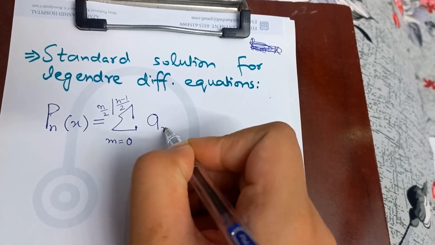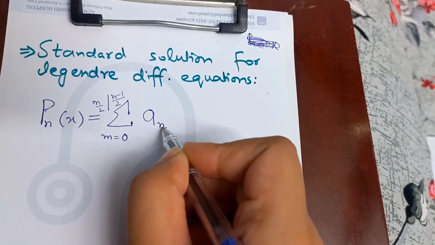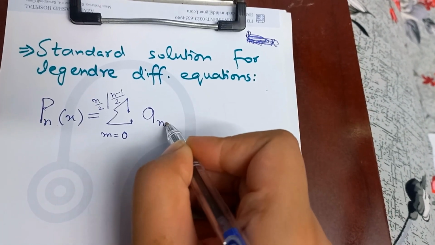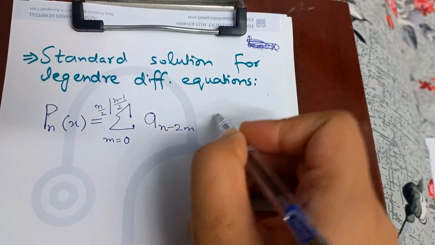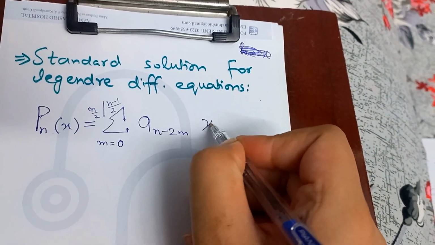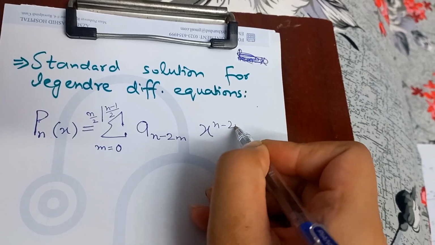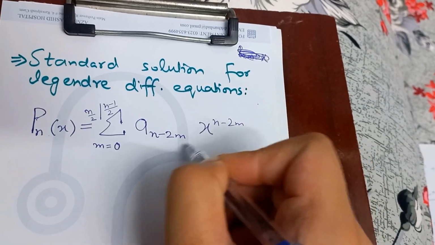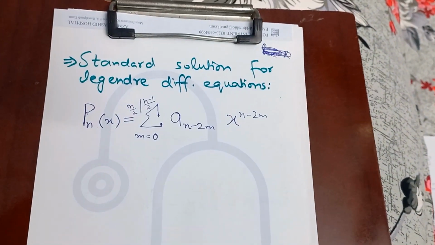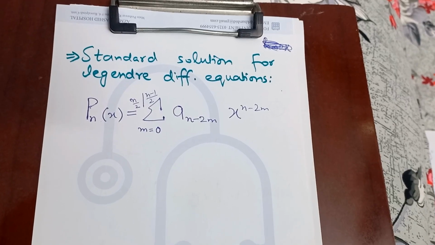Here the coefficient comes with a, in subscript you will write a n minus 2m, then it is multiplied by x with power n minus 2m, same power like that. This is the standard solution for the Legendre differential equation.